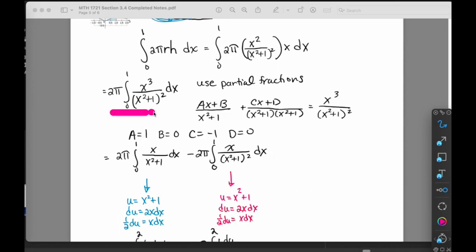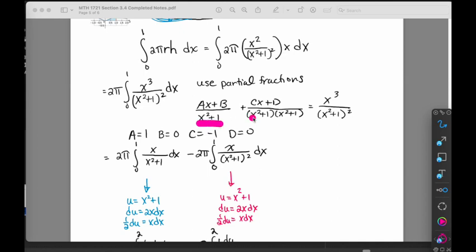Now, when we use partial fractions here, not only do we have an irreducible quadratic factor, this x squared plus 1, but we also have a repeating factor. So when we set up our partial fractions, we have to have 2 fractions, one with x squared plus 1 raised to the first, and one with x squared plus 1 raised to the second.